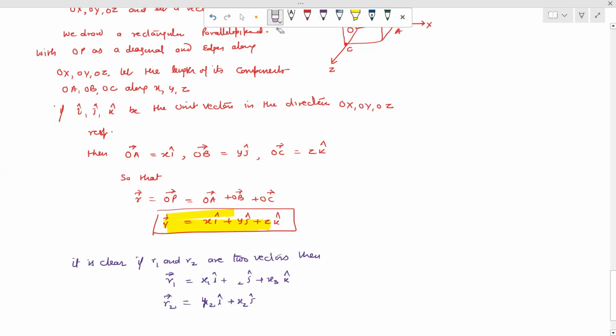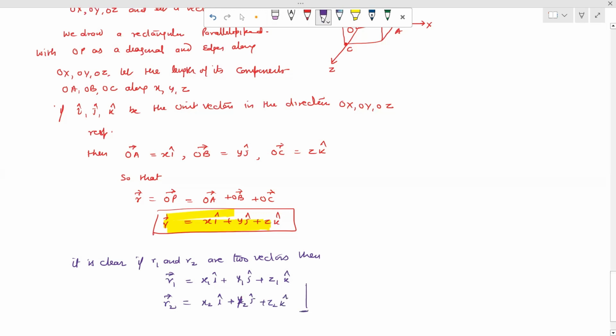So here we can write x1, y1, z1 if we are considering x, y, z, or x1, x2, x3 you can also write. For the second we can write x2, y2, z2.